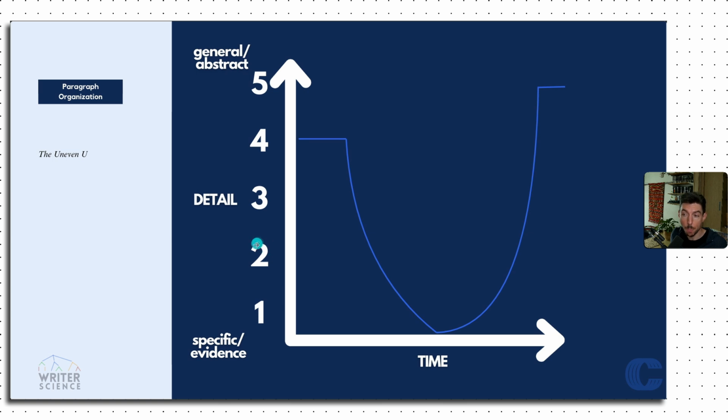When you get to level 2, it's before level 1. So you are preparing the reader for evidence. You're preparing the reader for highly specific information. So you would say something like, we can see this difference in particular when we look at the way that these articles talk about water. Okay?